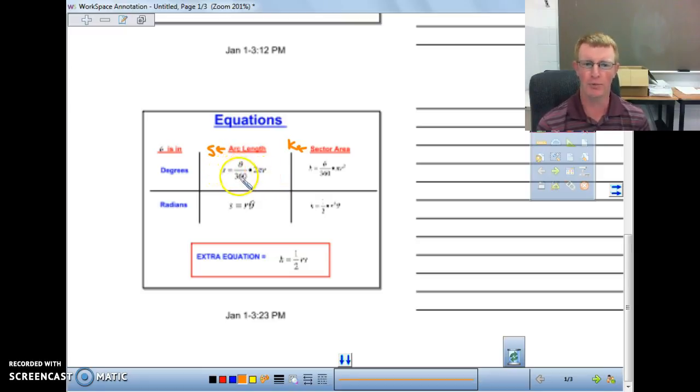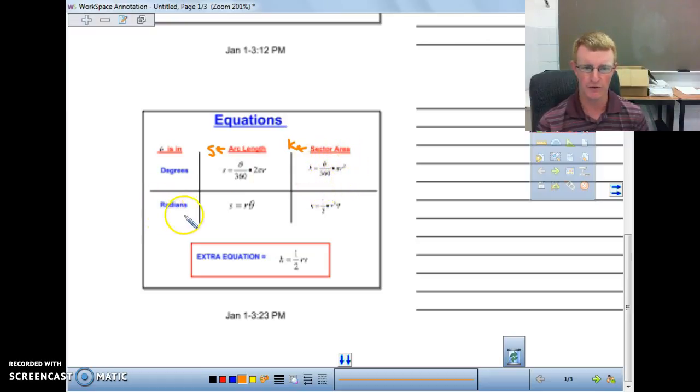For example, if we had half a circle, that would be 180 over 360, which is 1/2. So we'd have 1/2 times 2 pi r, which gives us the arc length of half the circle, or basically half the circumference. And the same thing is true with the sector area. We have area, or K equals theta over 360 times pi r squared. In other words, fraction of the circle times the area of the circle will give us the area of the sector.